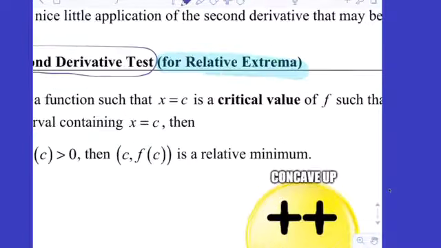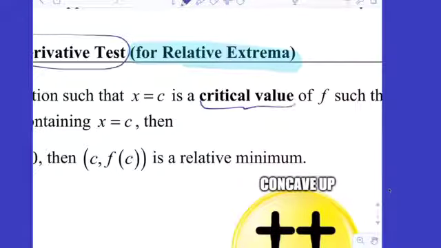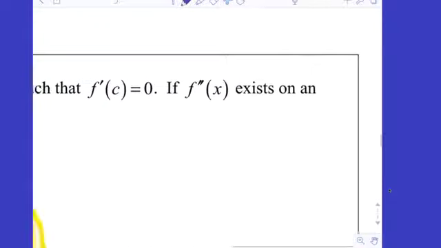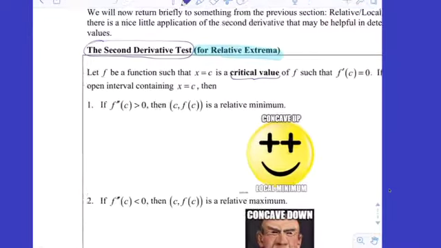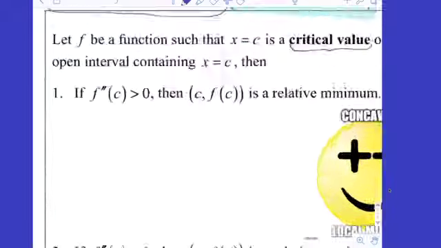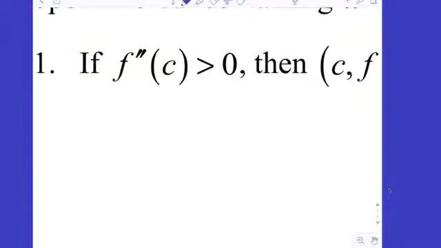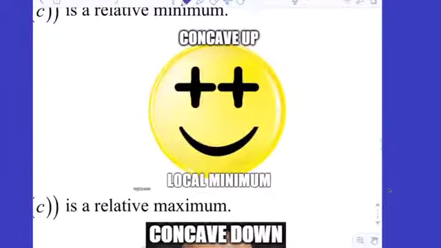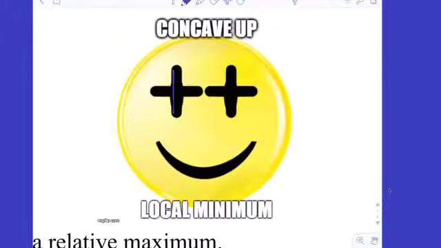Let's say you have a function and a critical value in hand. Remember, that's a value that makes the first derivative 0 or undefined. If you're in possession of those, you can determine if that is the location of a local max or min by plugging that value into the second derivative. If your second derivative at the critical value is a positive number, that means the graph is concave up there.